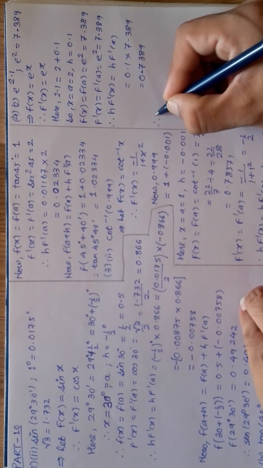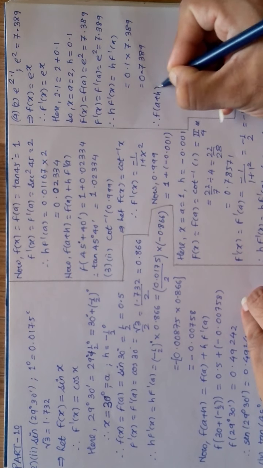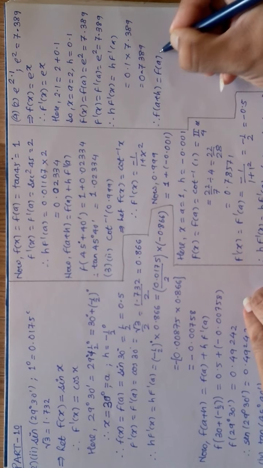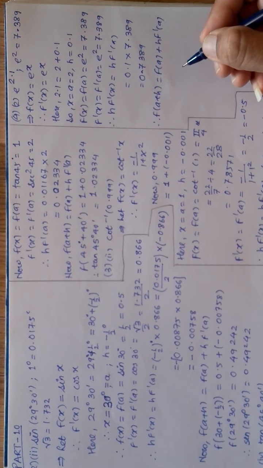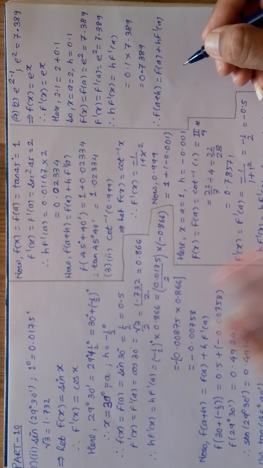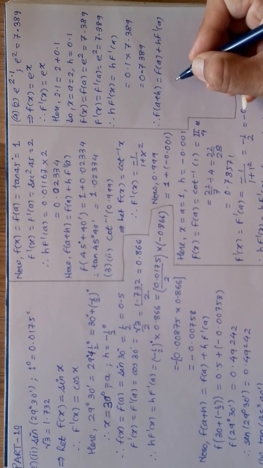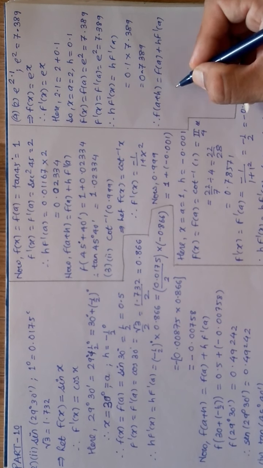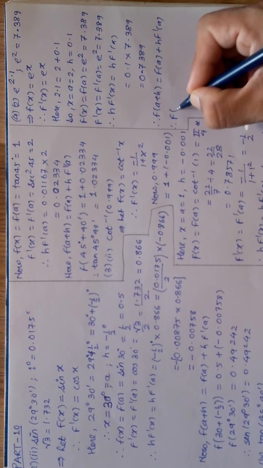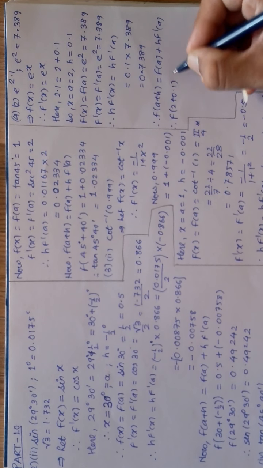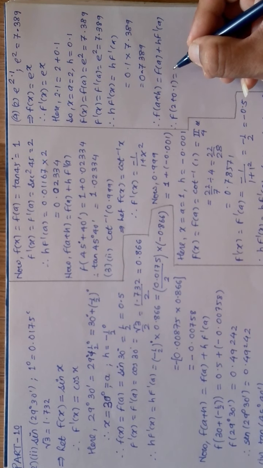So therefore function of a plus h is equal to function of a plus h into f dash a. You might have seen that in all the questions I have not changed the pattern of solving, so that it becomes easier for you to understand. So your function of a plus h is 2 plus 0.1, that is function of a.